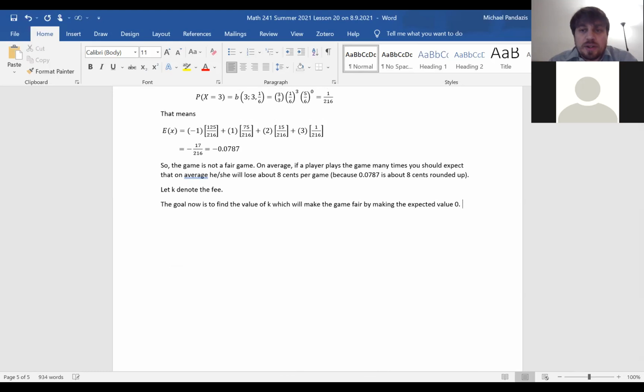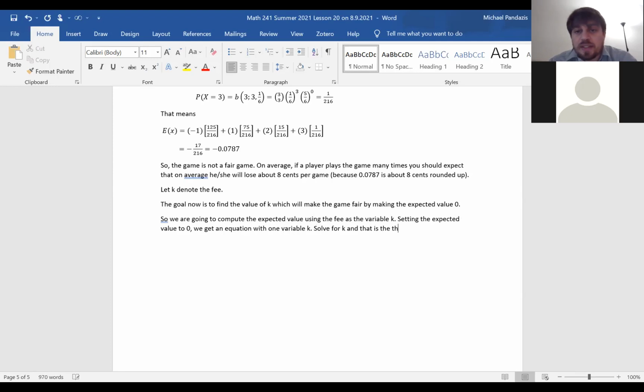So we are going to compute the expected value using the fee as the variable K. Setting the expected value to 0, we get an equation with one variable K. Solve for K, and that is the value of the fee that makes the expected value 0 and the game fair.